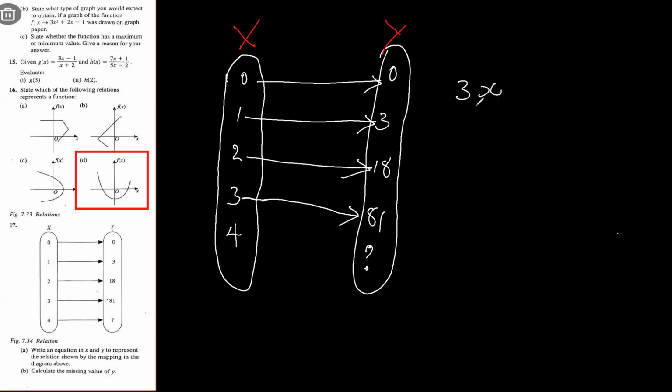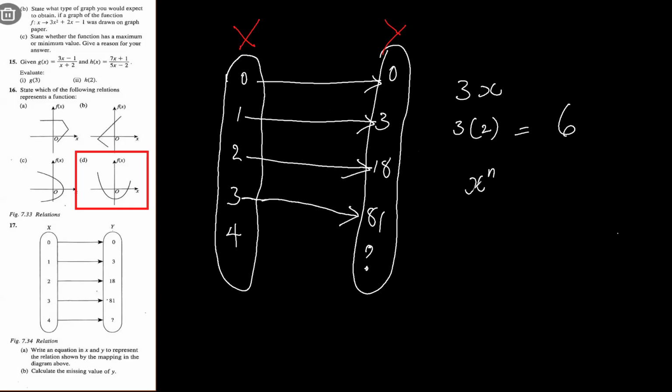So when x is 0, you'll get 0. 1 by 3 is 3. But what about the 2? That'll give me 6. What about x to the n, where n is the value of x?